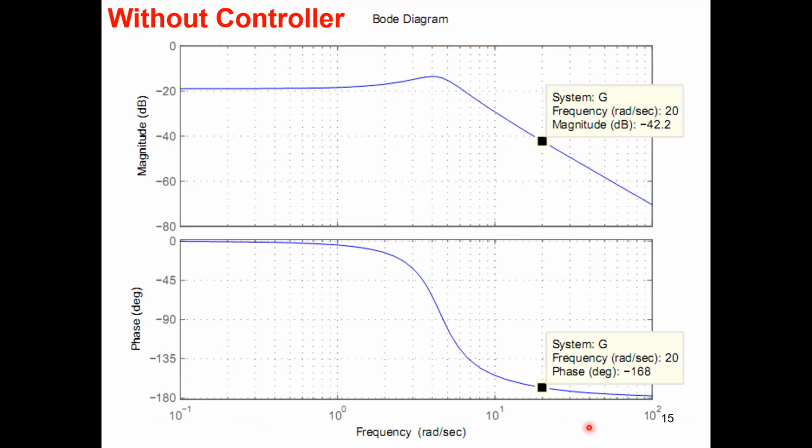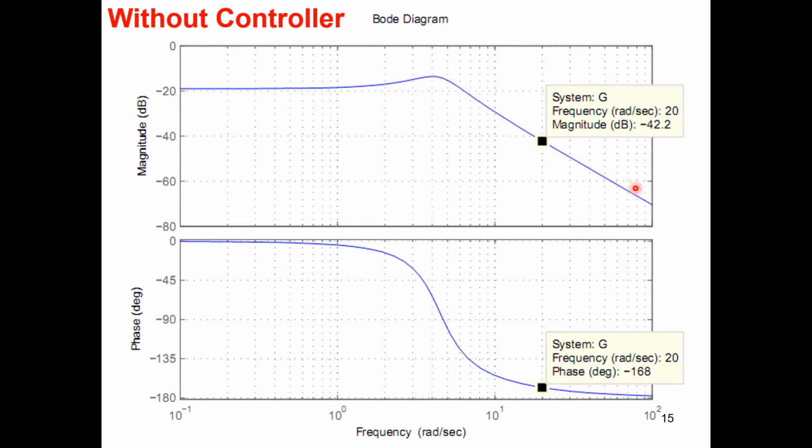So when you do that, this is the result. You can see the magnitude starting from minus 20. It's not unity. This is the unity magnitude, 0 dB, but you have minus 20. And there's a little uphill here, but not much.